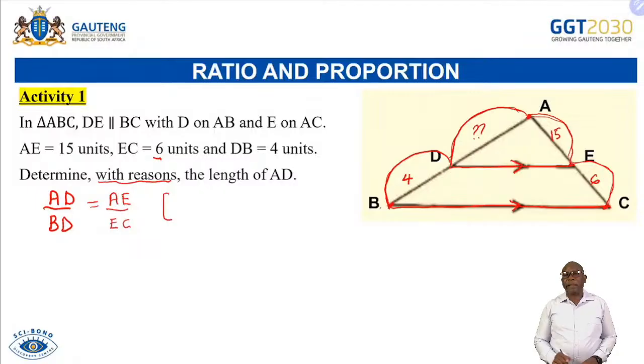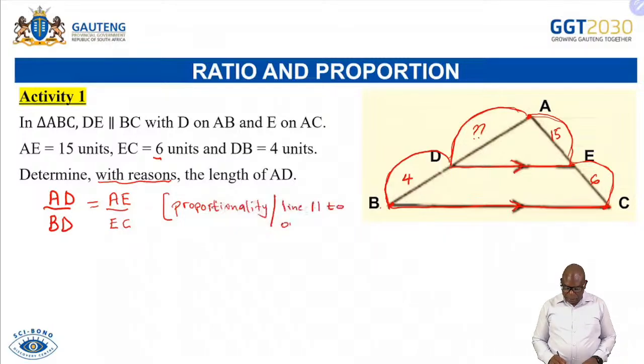What is the reason here? The reason is that theorem, line parallel to one side of it. But I cannot write the whole sentence in there. So I can write proportionality, or I can write line parallel to one side.